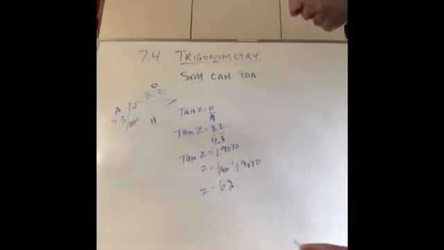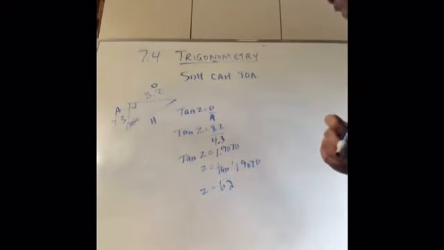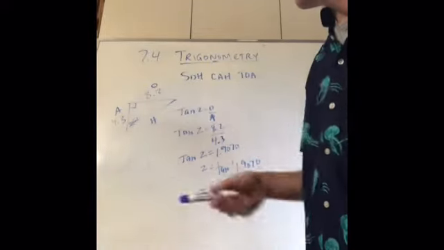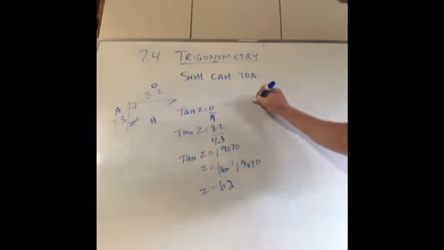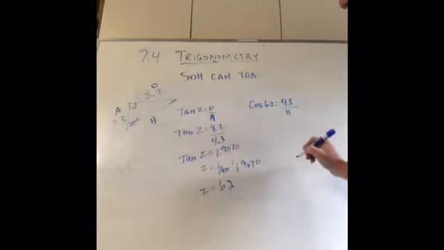Now we need to solve for side H. And I'm going to use A and H. Could use O and H. I'm going to use A and H. So I'm going to use cosine. So cosine 62 is equal to the adjacent side, which is 4.3 over the hypotenuse.